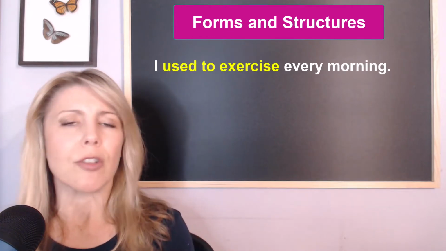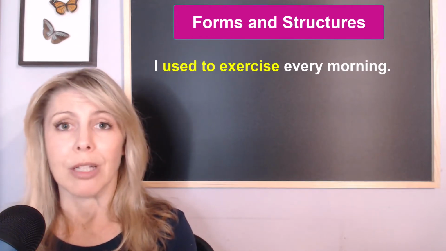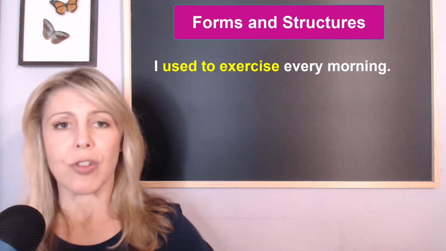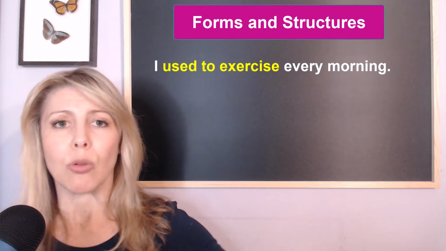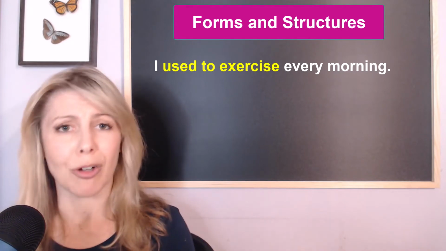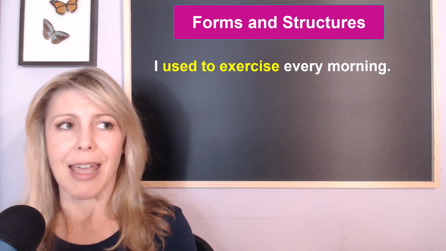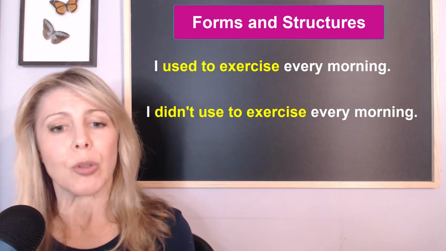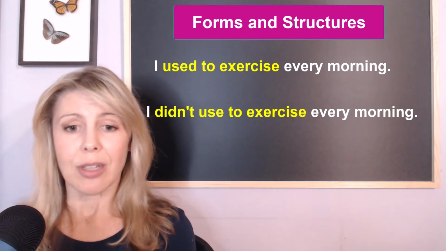I used to exercise every morning. So at some point in the past, I exercised routinely or habitually or multiple times, but I no longer do it. I could say I didn't used to exercise every morning, but now I do. All right, now notice this form.